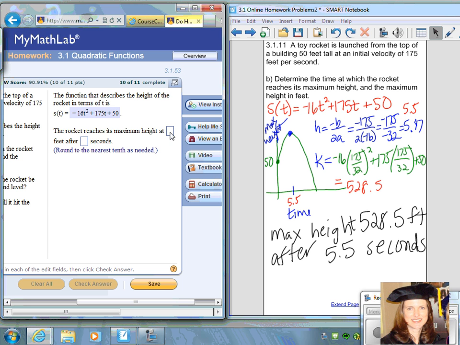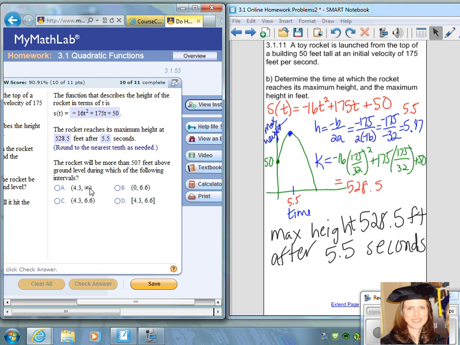Check your answer. Alright, so again, the key to finding part B is to locate the vertex, and that vertex is going to give you a time and a maximum height.